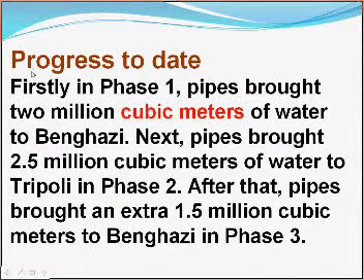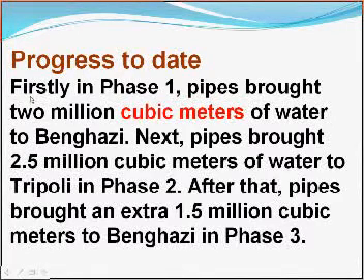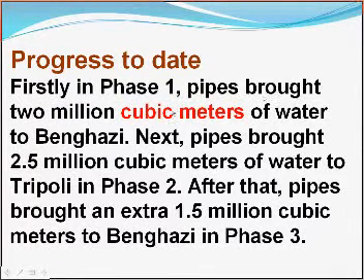Okay, then you have to write progress to date. Okay, let's look at this. Firstly, in phase 1, pipes brought 2 million cubic meters of water to Benghazi. Next, pipes brought 2.5 million cubic meters of water to Tripoli in phase 2.